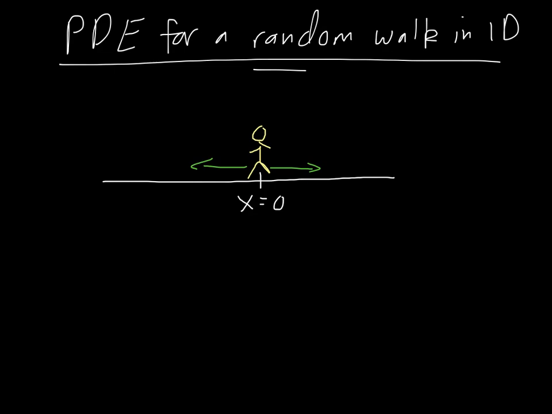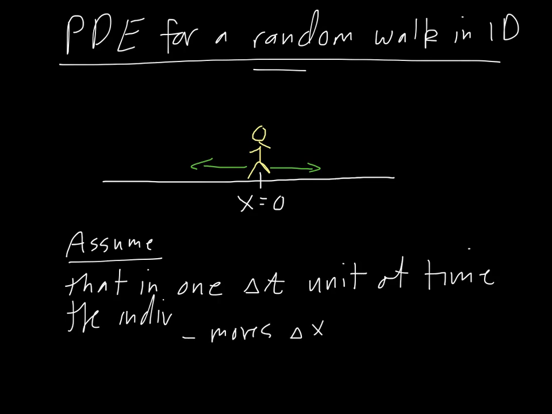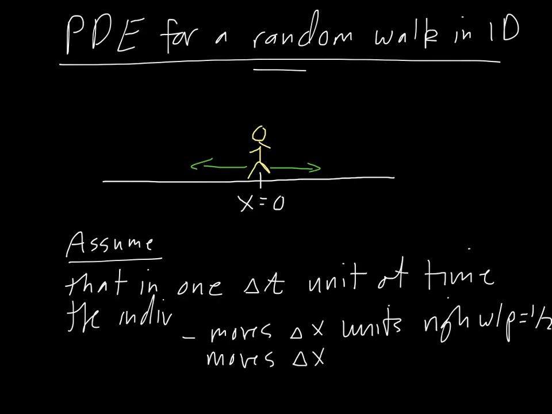Okay, and we're going to assume that in 1 delta t unit of time, the individual moves delta x units to the right with probability equal to 1/2, and moves delta x units to the left with probability 1/2.